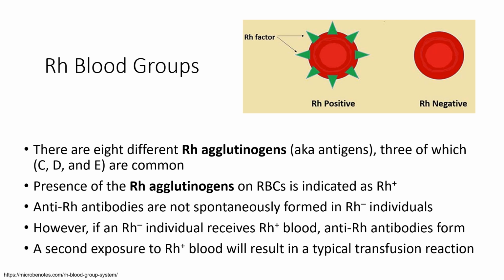So let's take a minute and talk specifically about these Rh factors, or the Rh blood groups. There are about 8 different Rh agglutinogens, 3 of which are common antigens, the C, D, and E. The presence of these Rh factors is indicated as a positive when we talk about someone's blood type.